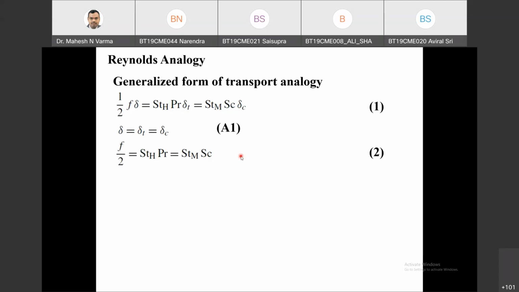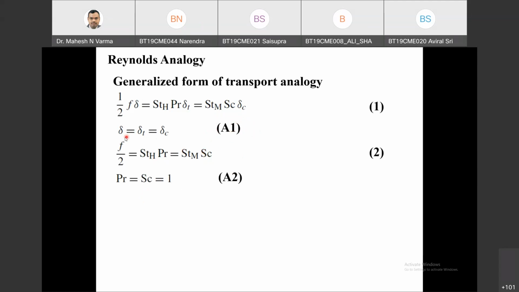That is what Reynolds also used. So this is true. This is assumption 1, or you can say observation 1 or limitation 1. The limitation is coming from whatever experiments Reynolds has conducted. Reynolds conducted all the experiments for gases only.